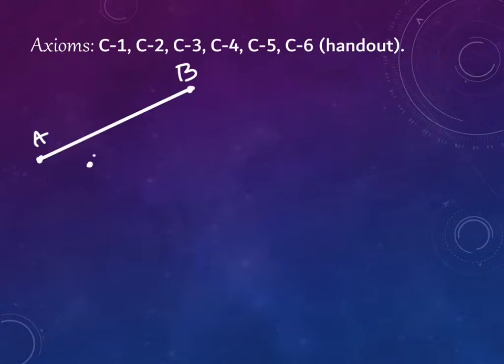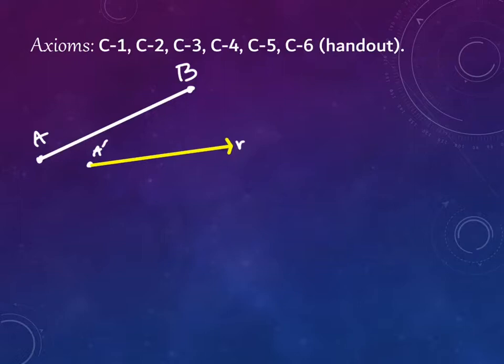So here's A prime, say. Then for each ray R emanating from A prime, so draw any arbitrary ray starting at A prime. So here's ray R. There will be a unique point B prime on that ray.